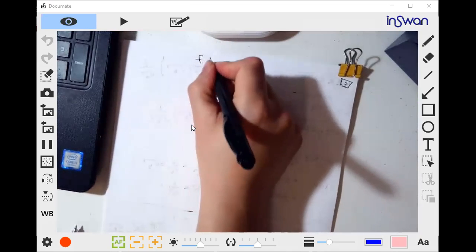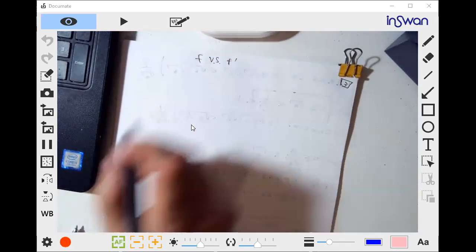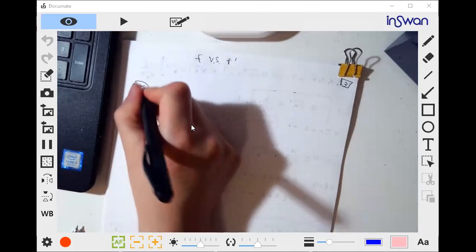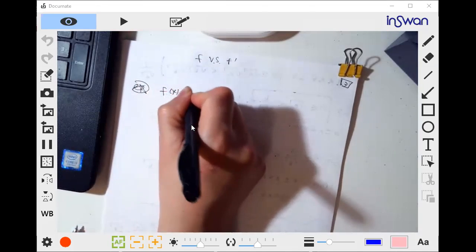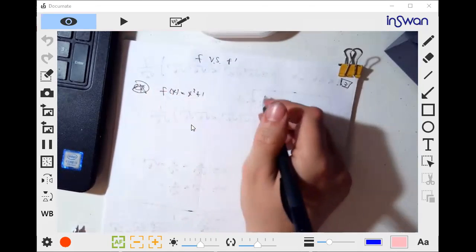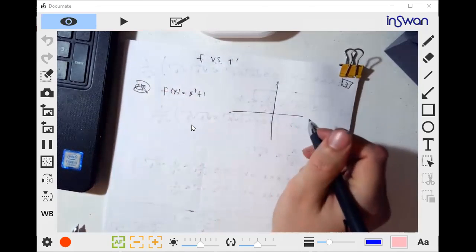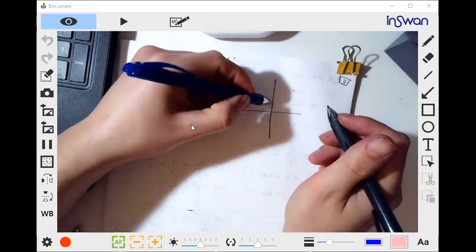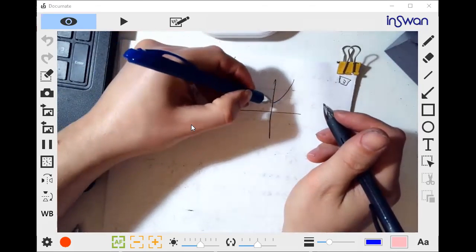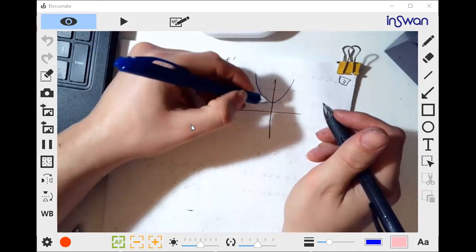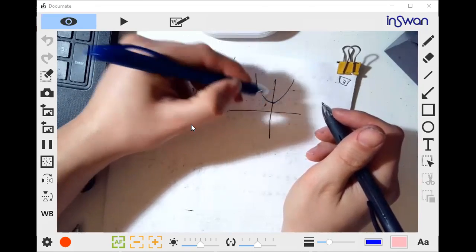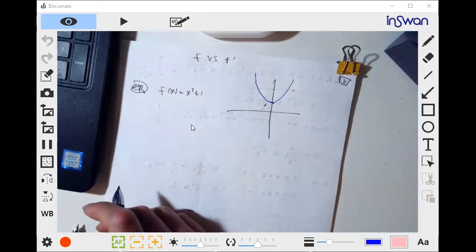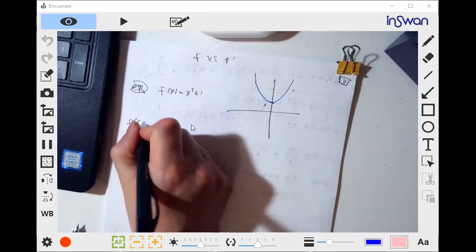So let's do f versus f prime. Here's an example. We have f of x is equal to x squared plus 1. Let's graph it. It's a parabola that's been vertically shifted by 1. Okay. So what is f prime of x?